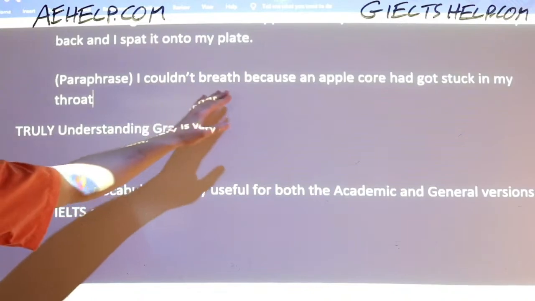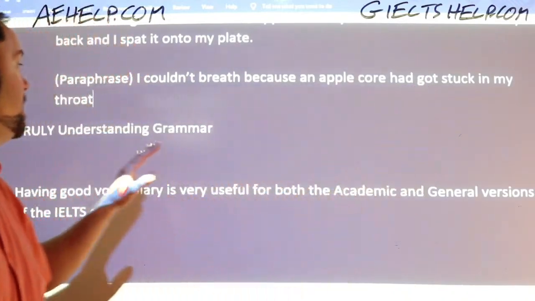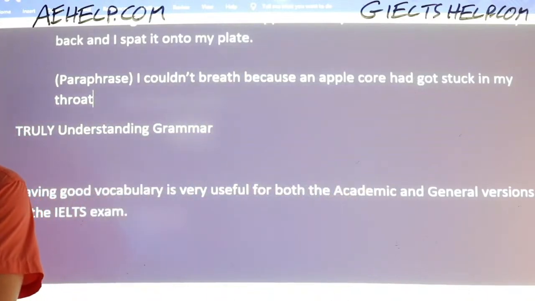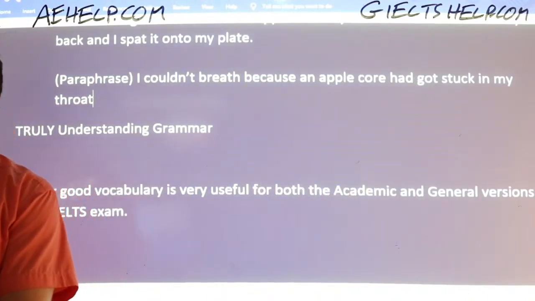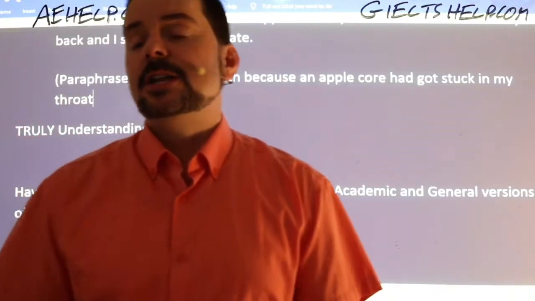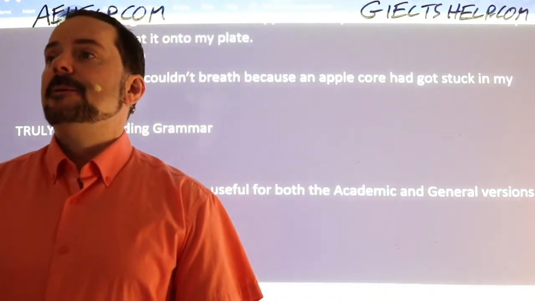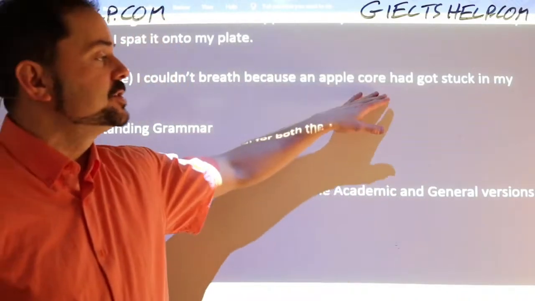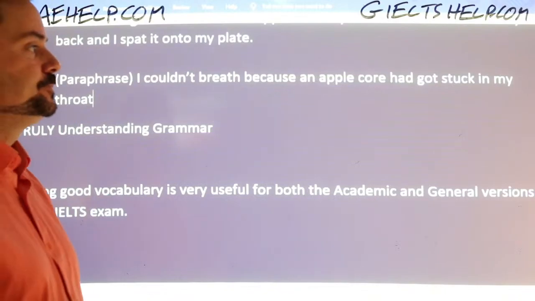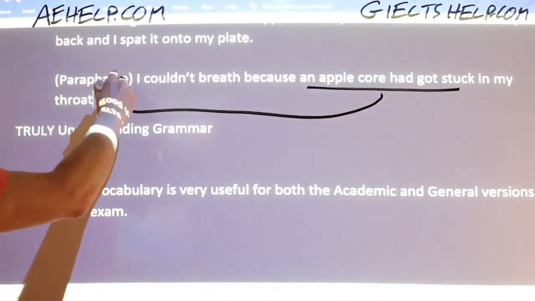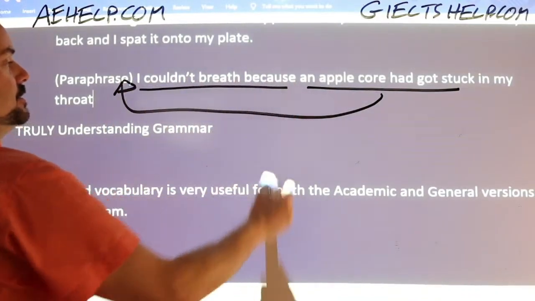So I couldn't breathe because an apple core had got stuck in my throat. Why did I change this to past perfect? Okay, very clever, Natalie. I can tell that you've been really studying hard, and it's showing because it happened before I stopped breathing. Yeah, so this action happened before this action, right?